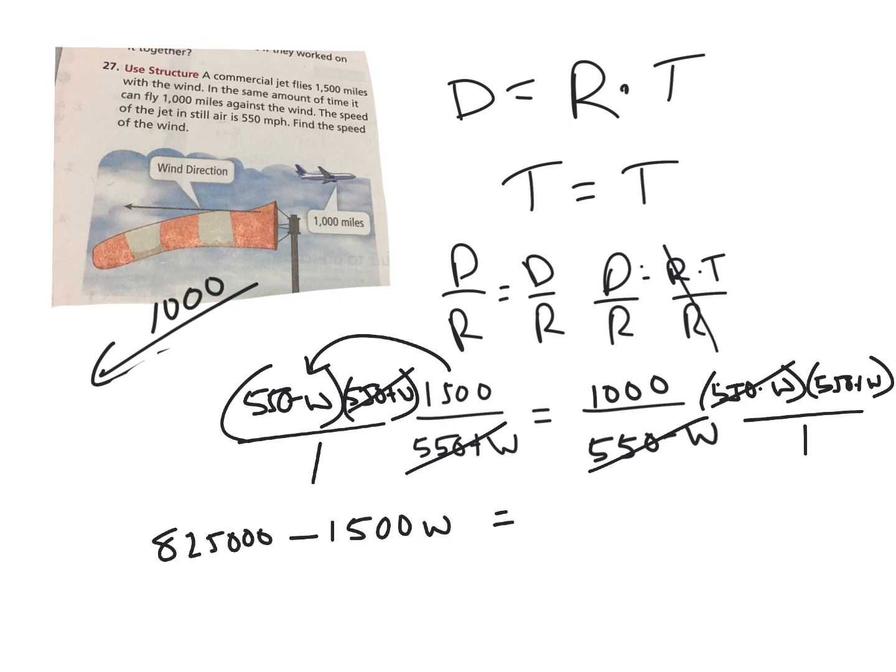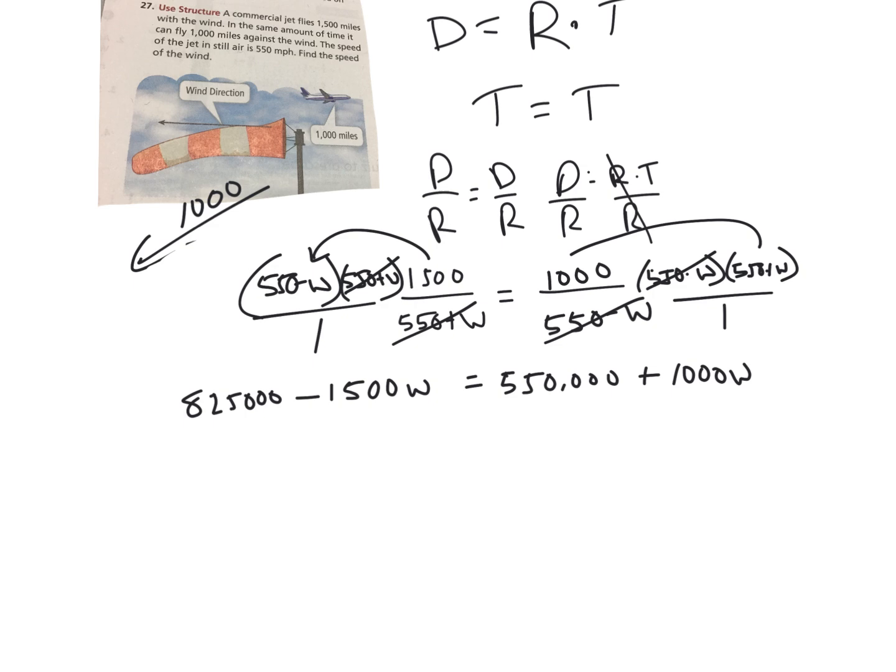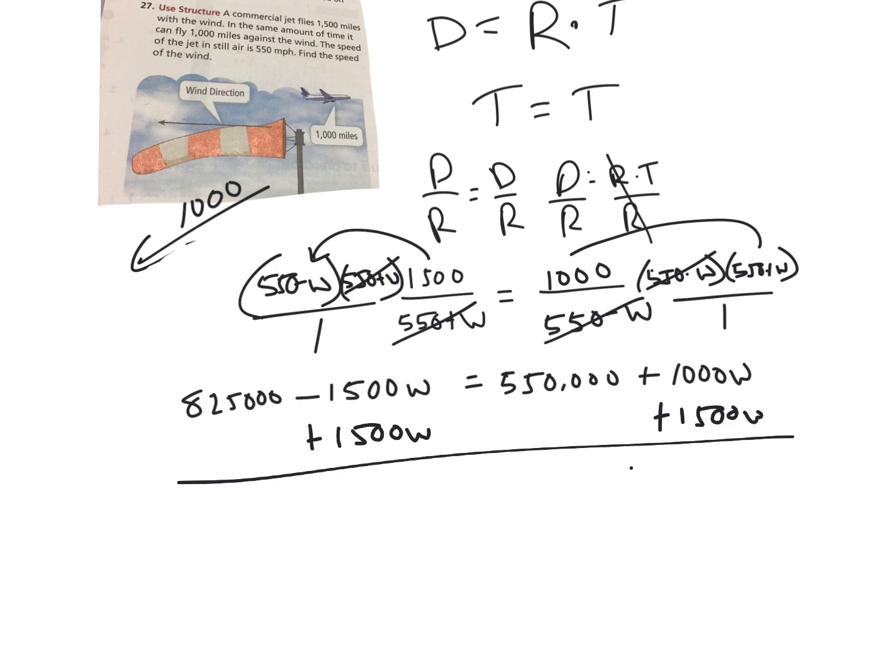All right, so this one here, 550 times 1,000, I'm not going to screw it up. It's going to be 550,000, I should have known that. And then plus 1,000 W. So now we just solve this equation. We're going to add our 1,500 W over here. That's going to give us 2,500 W. And then we're going to subtract 550 grand.